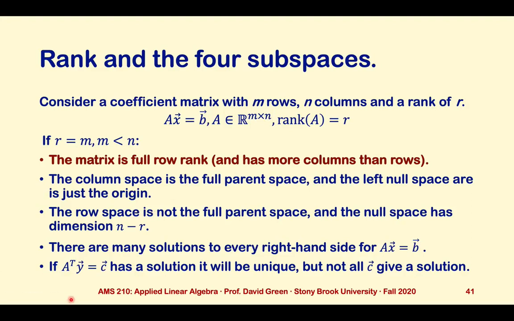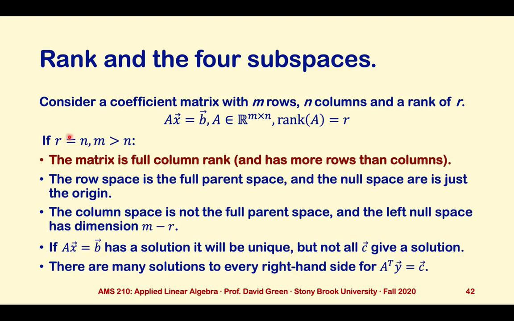In A transpose y, things get turned around. If there is a solution, it will be unique, because the left null space is just the origin, but not all right-hand sides give a solution, because the column space of A transpose, that is the row space of A, is not the full parent space.